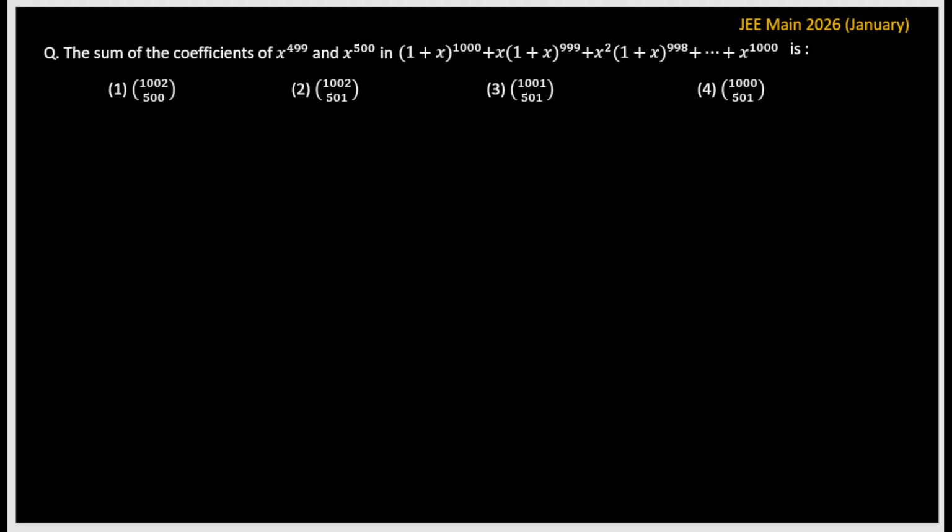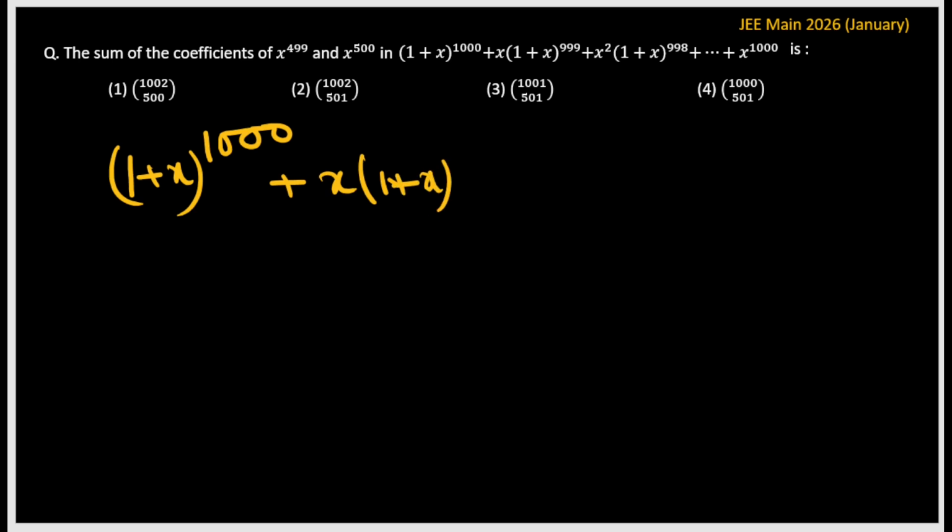So it is given that (1 + x)^1000 + x(1 + x)^999 and so on up to x^1000. In the question, we have to find the sum of the coefficients of x^499 and x^500.